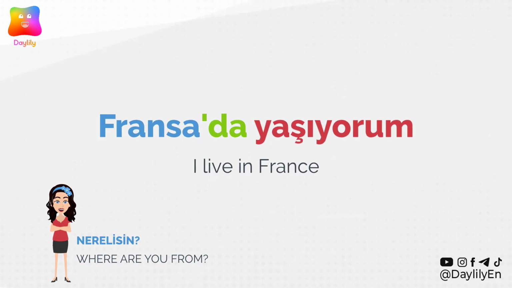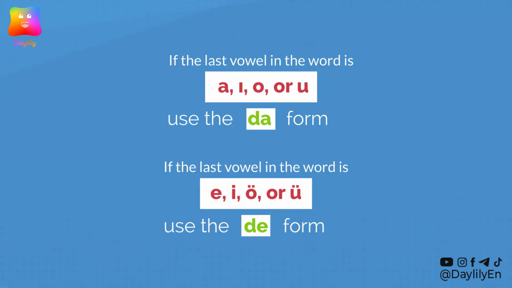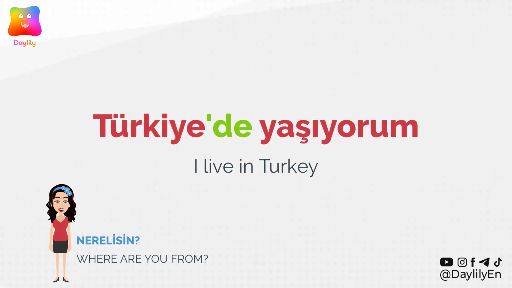I live in France. Fransa'da yaşıyorum. So again our rule: A, I, O, U gets da. E, İ, Ö, Ü gets de. So for example, I live in Turkey.